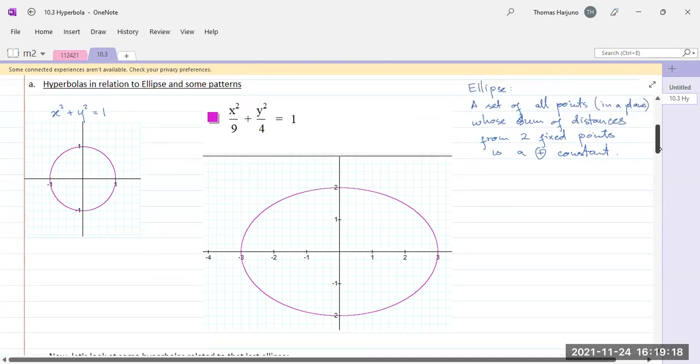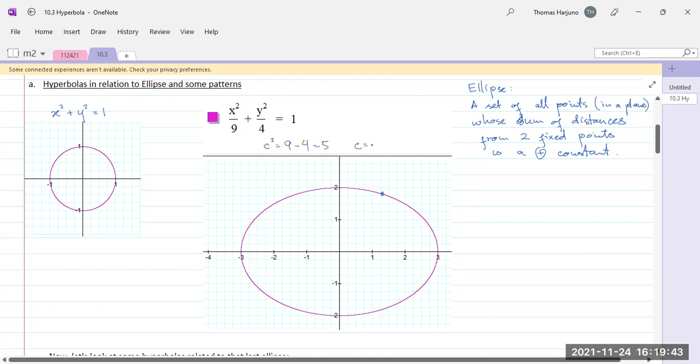So for example, this ellipse that we see here, x squared over 9 plus y squared over 4 equals 1, that's an ellipse, right? We can compute the foci. c squared equals 9 minus 4, which equals 5.